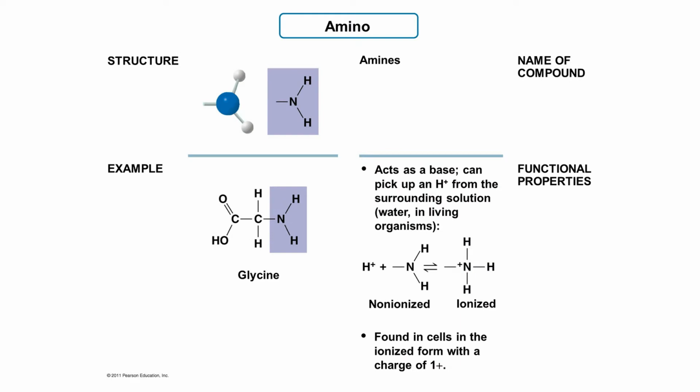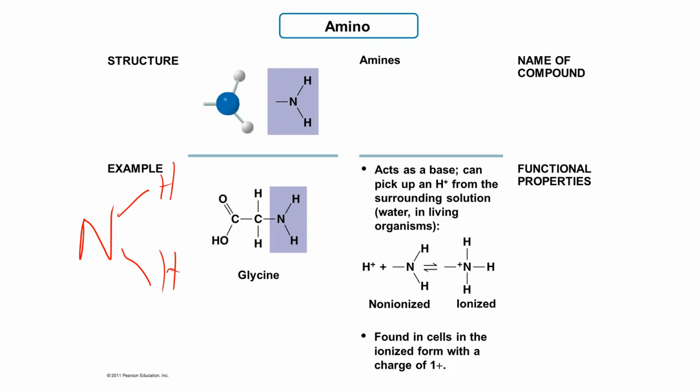Now, the next group, your amino groups, or your amines. Your amino groups again are going to be polar. Here you have a nitrogen attached to a hydrogen attached to another hydrogen.